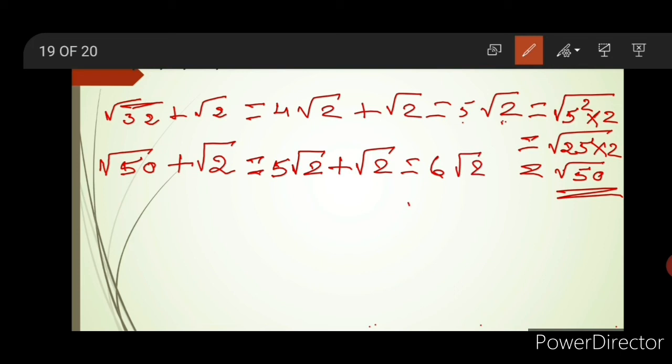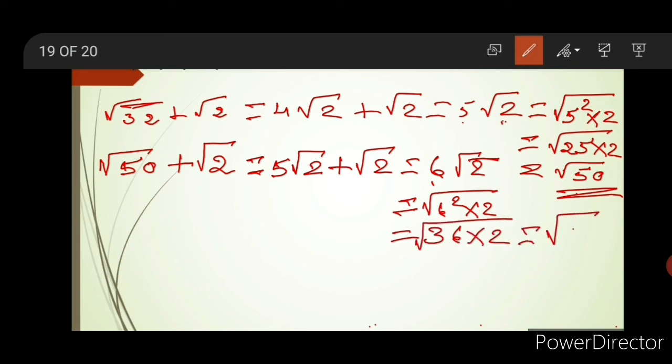Simplify this: 6 inside the square root sign becomes 6 square into 2. 6 square means 36, 36 twos are 72. So the next term is square root of 72.